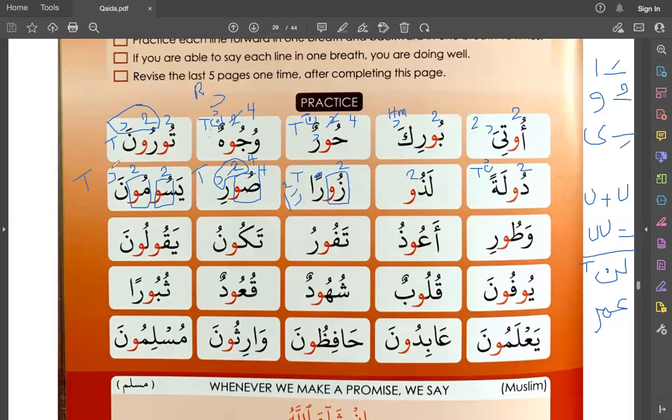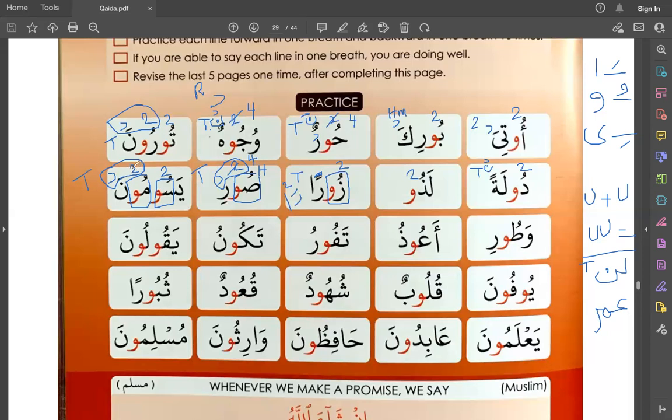So this temporary sukoon will affect only the long vowel which is immediately before it.